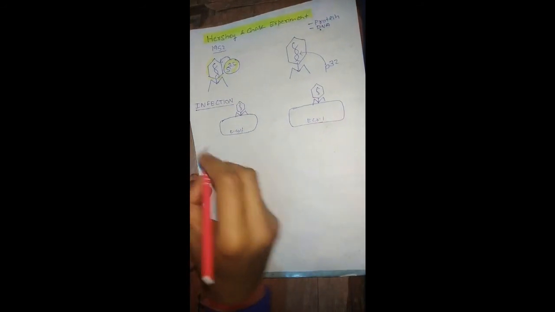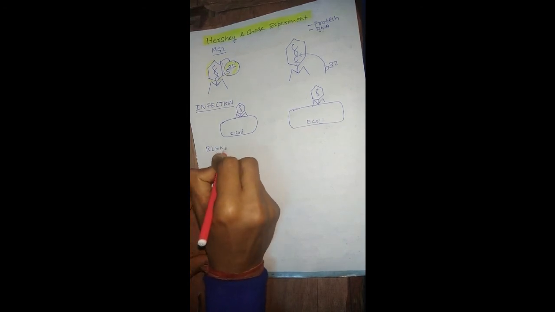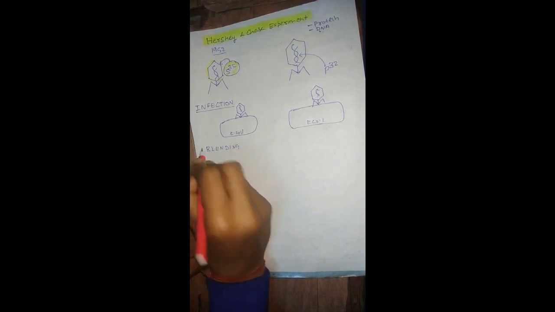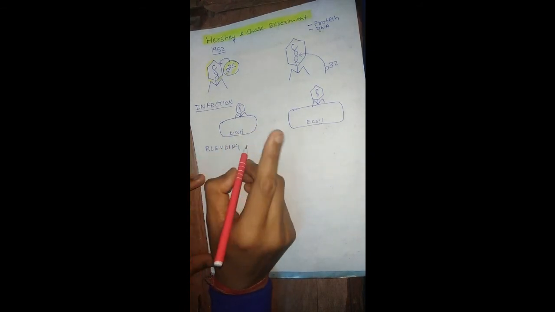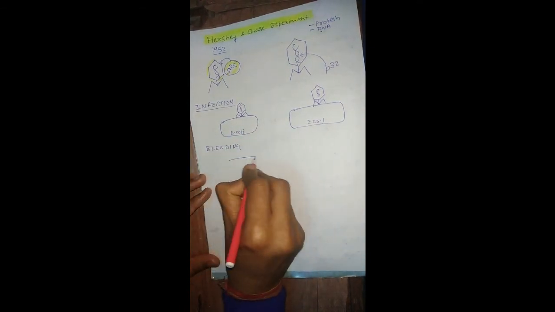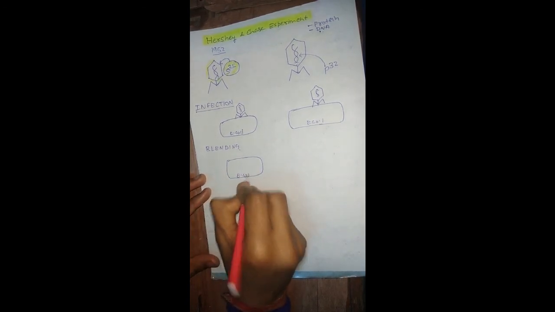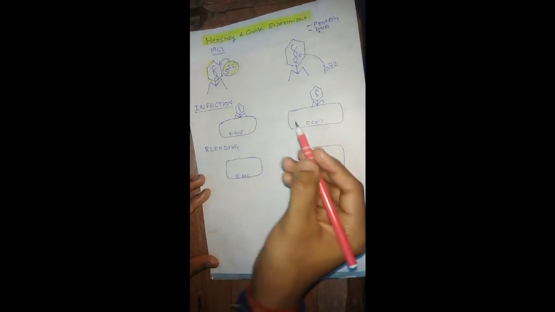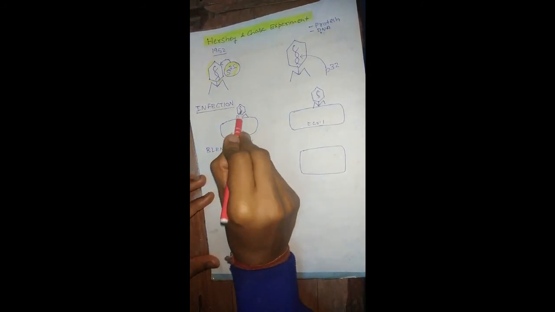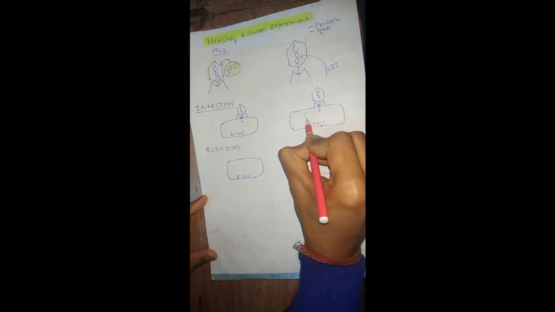Now comes our second step, that is blending. As the name suggests, blending. Okay, what happens in the blending phase? The virus coat is removed from the bacteria. So this is our bacteria E. coli, and also in this case E. coli. Now when a bacteriophage infects the E. coli, it will transfer its genetic material here. It will transfer its genetic material here.